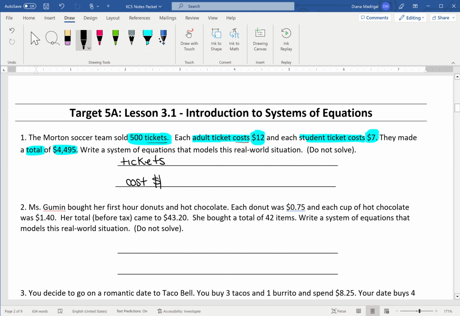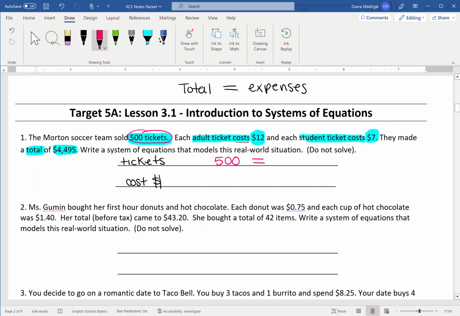All right, once again, to write equations, we have the total on one side. So you should always start with that and ask yourself, what is the total? For example, for the first equation we're going to be talking about tickets. What is the total amount for tickets? Well, they have 500 tickets as the total.